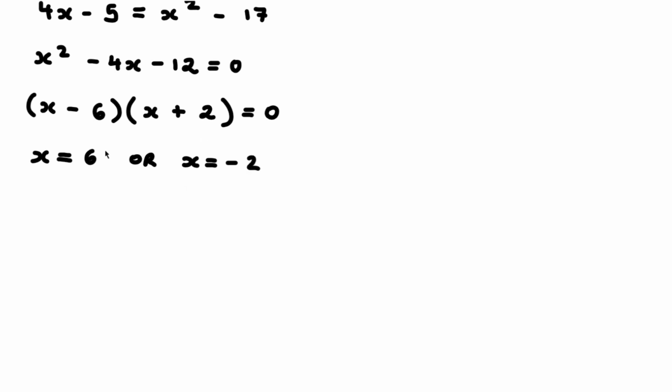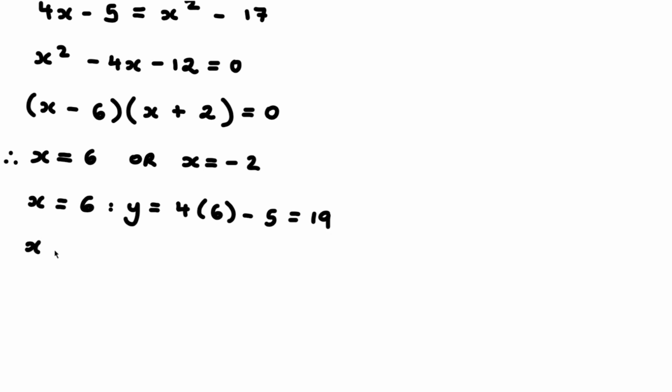And what we can do is substitute these into y to find out the corresponding y values. So, when x is equal to 6, y equals 4 multiplied by 6, subtract 5, which is 19. And when x is minus 2, y equals 4 times minus 2, subtract 5, which is minus 13.